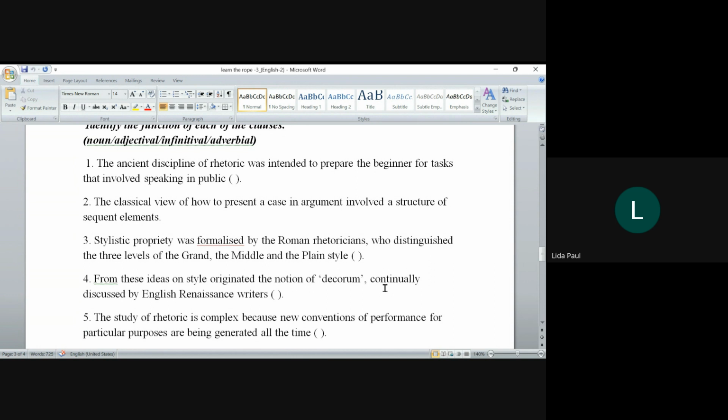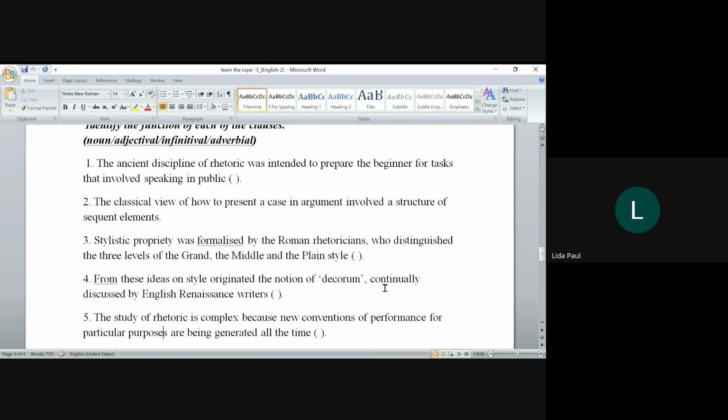Okay, now look at it this way. Tell me, is the subordinate clause that involves speaking in public related to anything else in that sentence? Is it about anything in that sentence? Not the sentence, the subordinate clause. "To prepare the beginner for tasks that involve speaking in public."